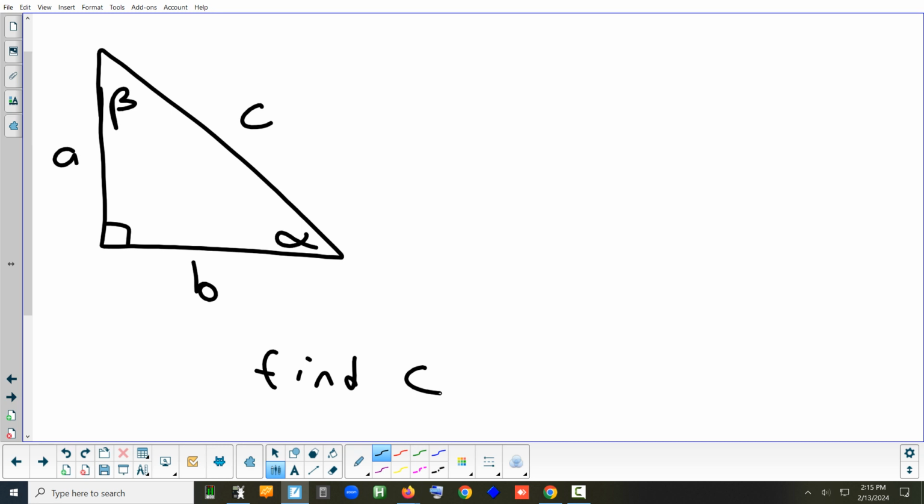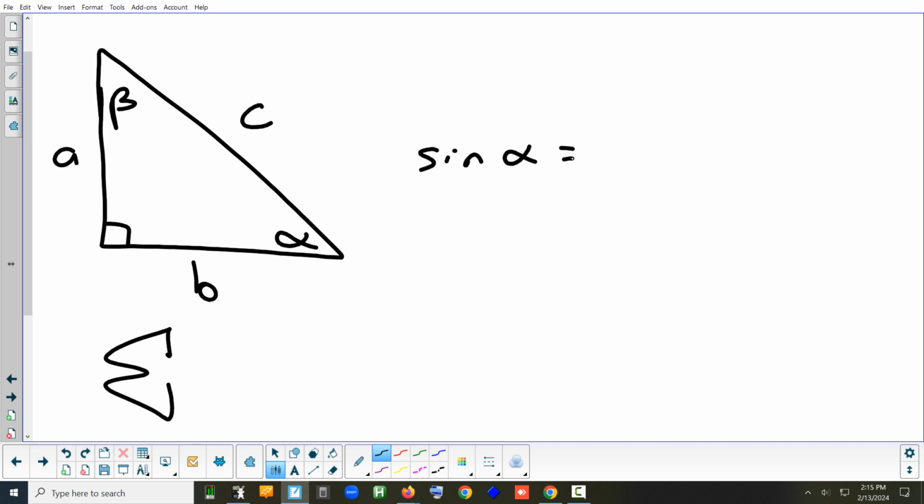So that's the diagram we'll always use to solve triangles. You also wouldn't say find sigma, because sigma also looks like a C. Capital sigma looks different, but lowercase sigma is just a C and then a smaller C. All right, let's write this down.